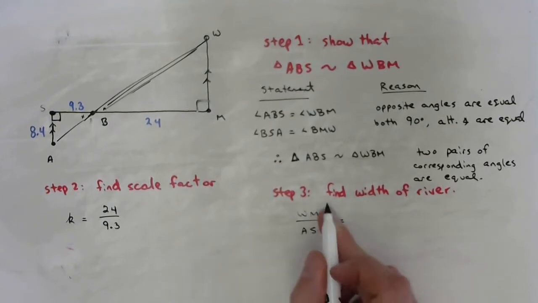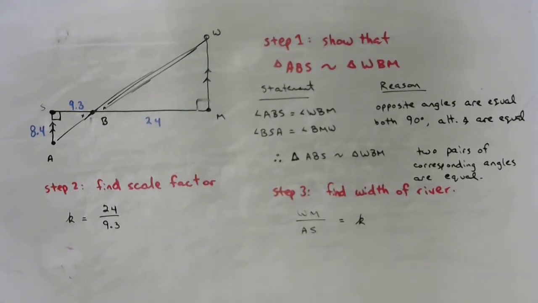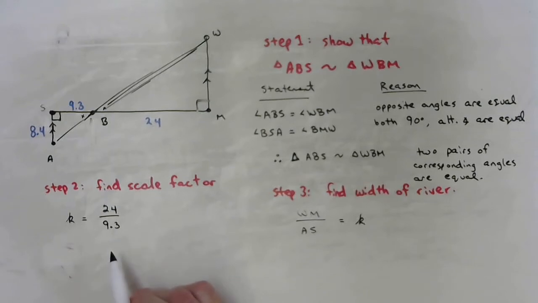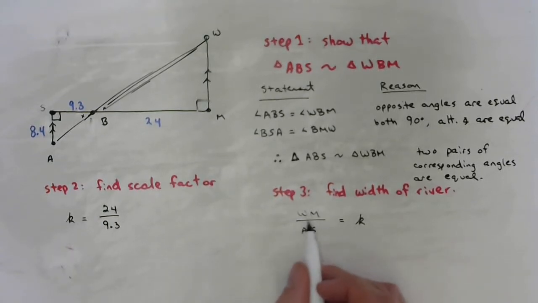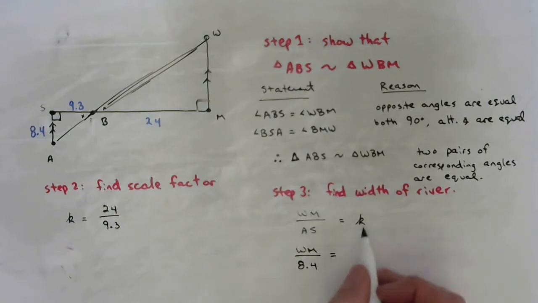That means they're going to have the same ratio as BM over SB. So I'm going to plug in what I know. I don't know WM, so I'm going to leave that in my numerator. I know AS. AS is 8.4. And I know K. What's K?